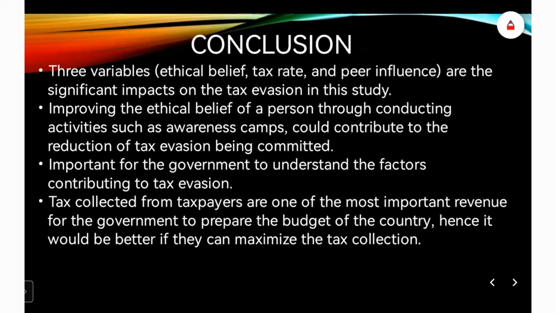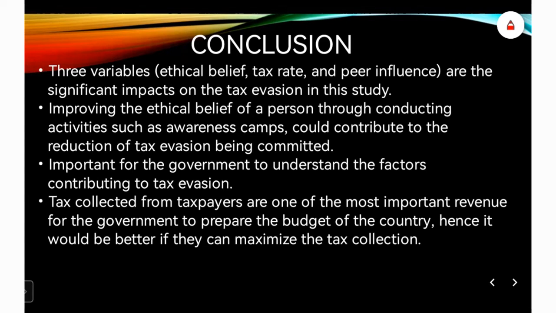The conclusion shows that there are only 3 variables that are significantly impacting tax evasion in this study, which are ethical belief, tax rate, and peer influences. Improving the ethical belief of a person through activities such as awareness camps could contribute to the reduction of tax evasion.